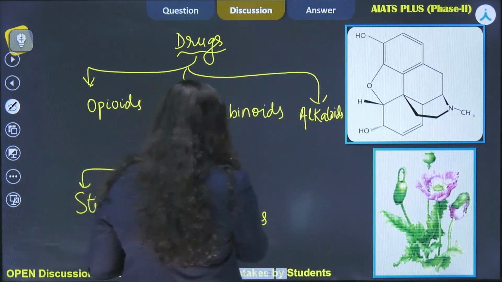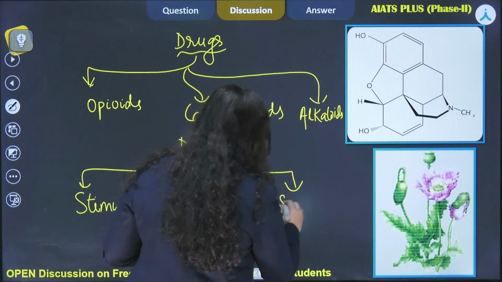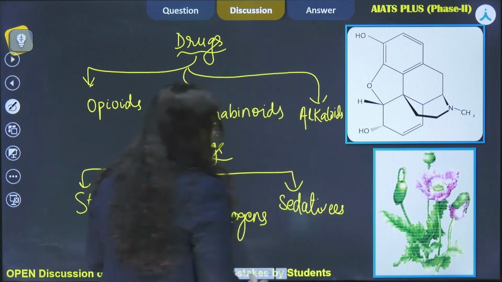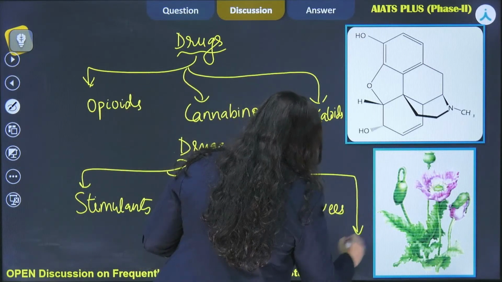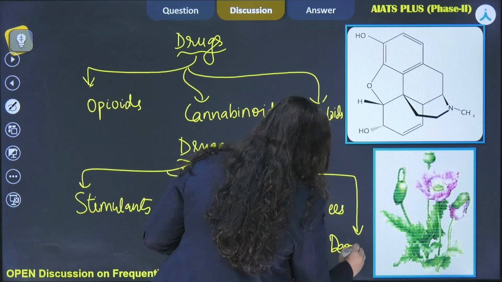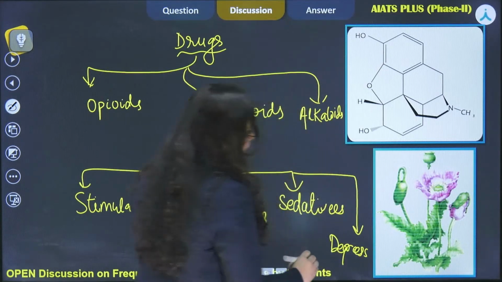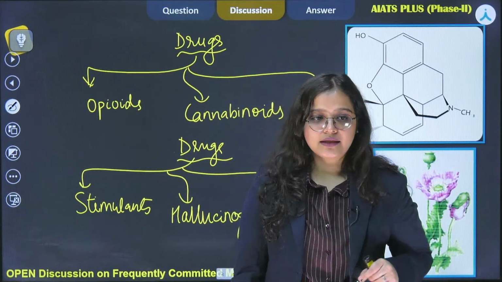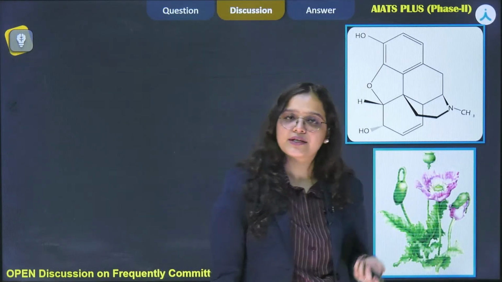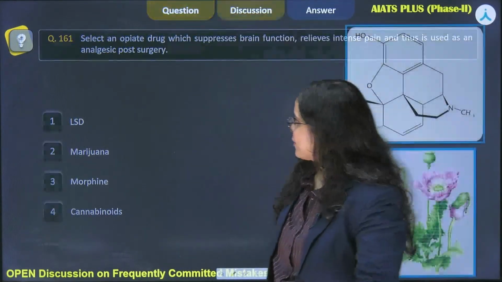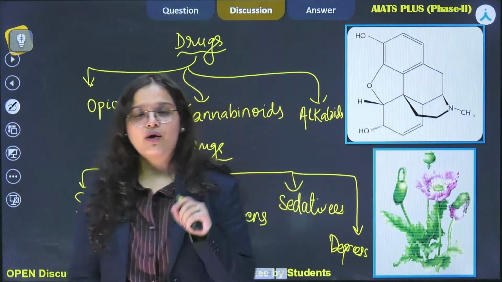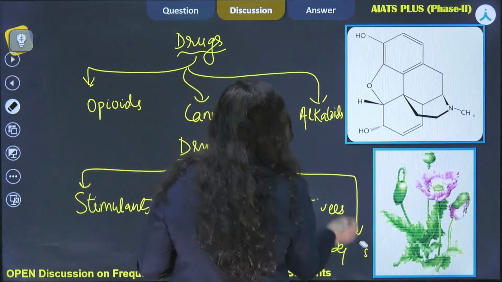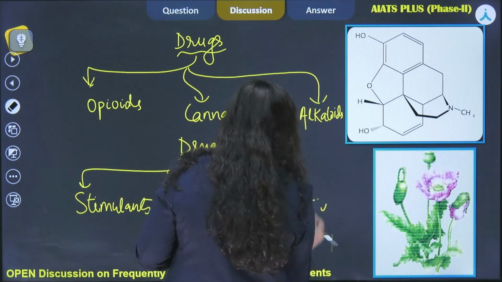So we have stimulants, we have hallucinogens, we have sedatives, then we have the depressants. So basically we have various categories and drugs are categorized in these different categories based on their effect or action.